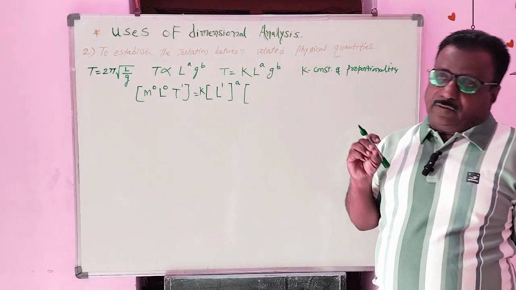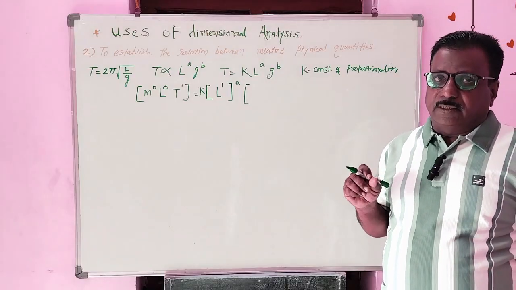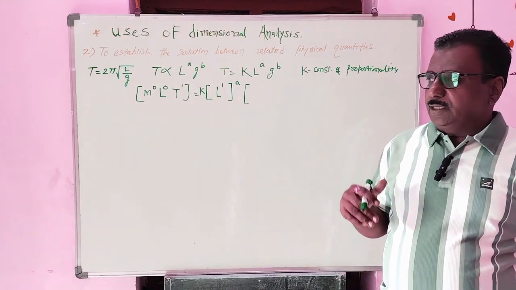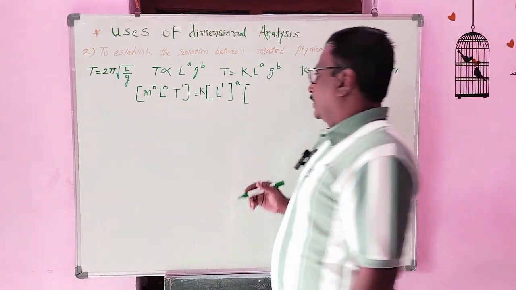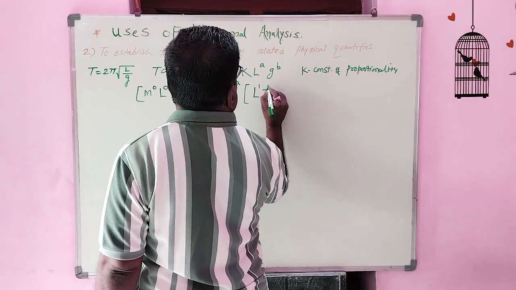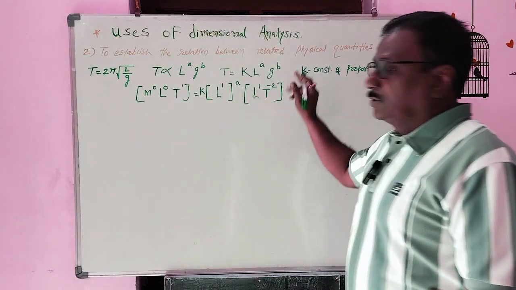For change in velocity we write L¹T⁻¹ divided by T. When we shift T into the numerator it becomes negative, so we write L¹T⁻². That is the dimension of g.